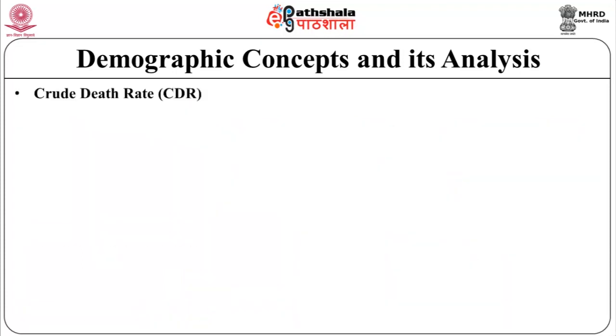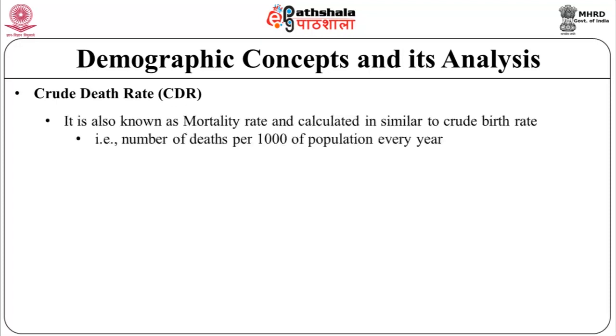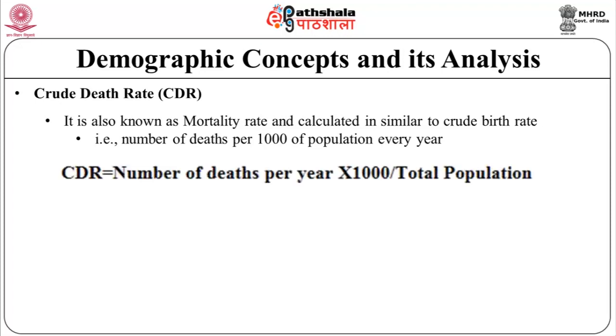Now, crude death rate is also known as mortality rate and is calculated similar to crude birth rate, that is, the number of deaths per thousand of population every year. So mathematically, we say CDR equals the number of deaths per year multiplied by 1000, and divided by the total population.